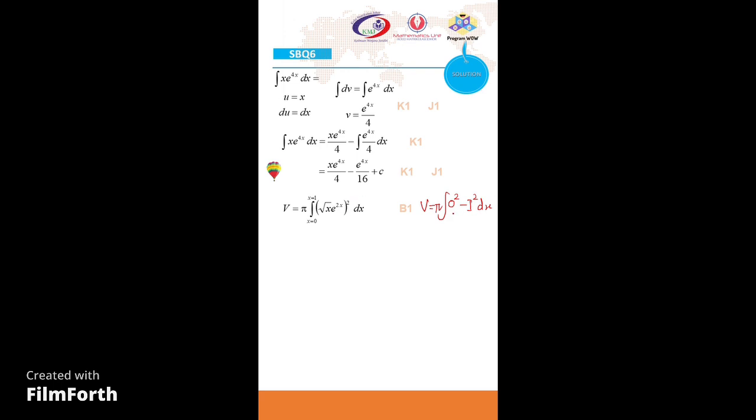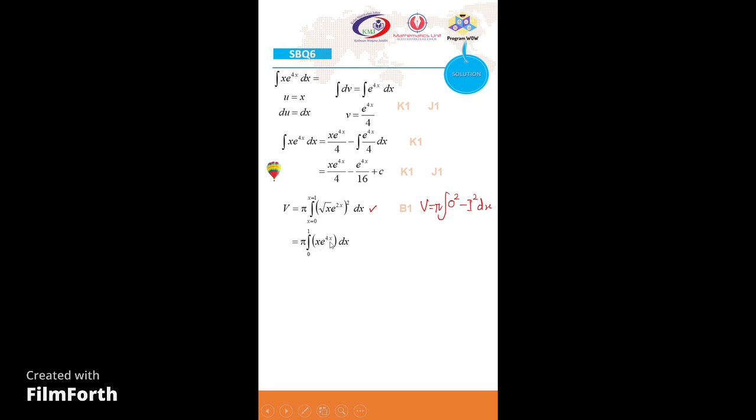Your outer function is the curve, and your inner function is the x-axis, so the function is actually 0. That's why here you have only one function. Next, you square the function because the formula is squared, and then you get this expression.